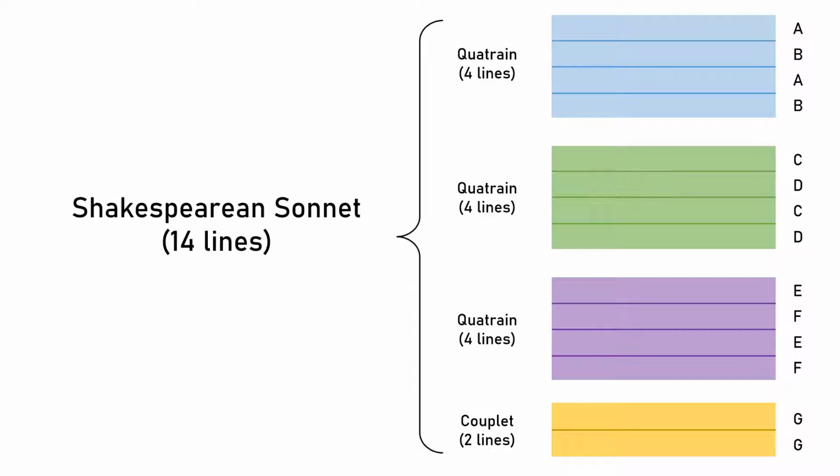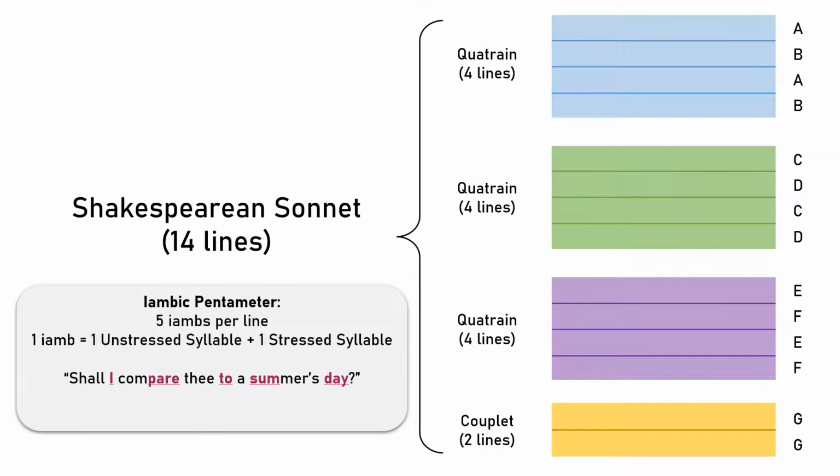Shakespearean sonnets follow a specific meter, iambic pentameter. Therefore, each line contains 5 iambs, and 1 iamb is 1 unstressed syllable plus 1 stressed syllable. One of Shakespeare's most well-known sonnets is Sonnet 18, which contains this famous first line, "Shall I compare thee to a summer's day?"